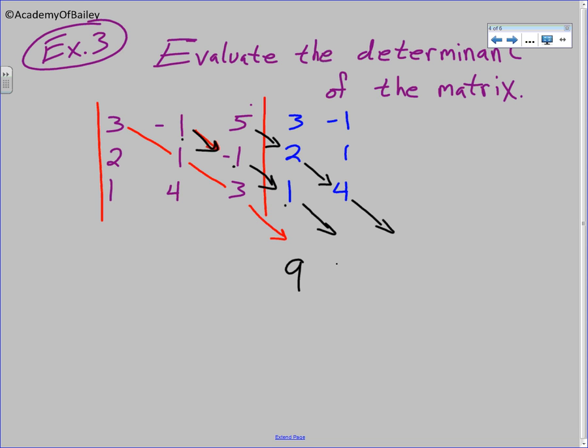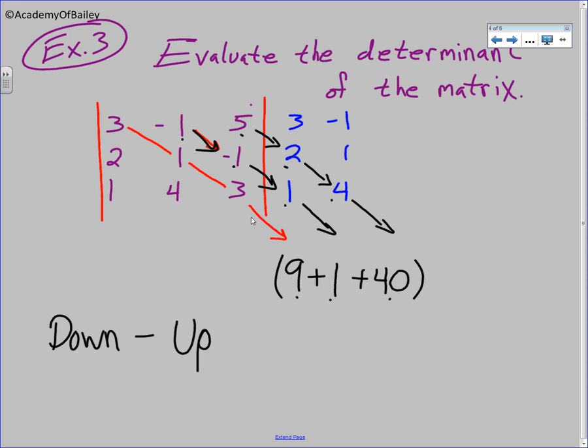That is a +1. And then we have 5 times 2 times 4, which is 40. And you'll notice I'm putting plus signs here because we're still following this: you add all the down diagonals, and you subtract the up diagonals from it. All of the down diagonals equal 9 plus 1 is 10 plus 40 is 50.